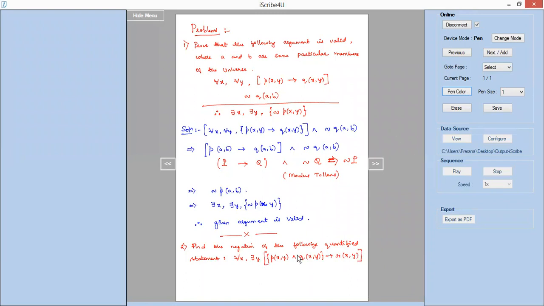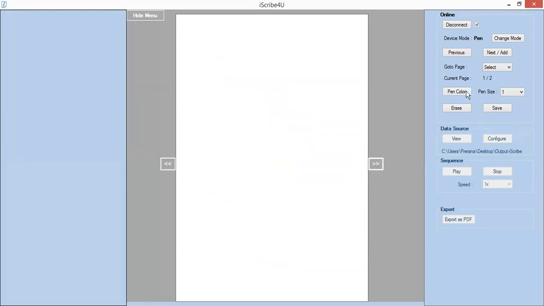So we need to obtain the negation of this given quantified statement. Let us do the solution for the same.